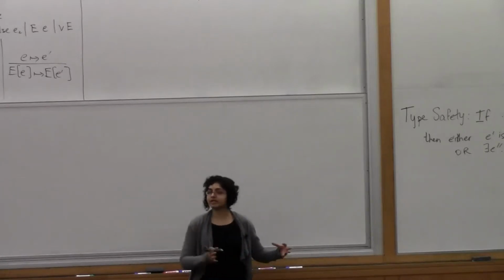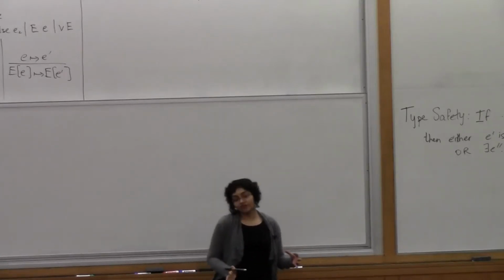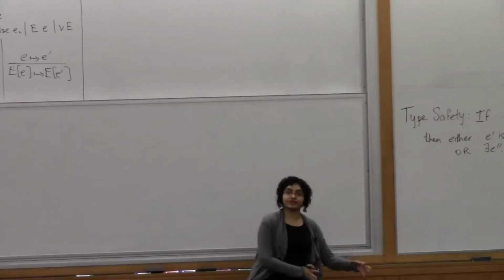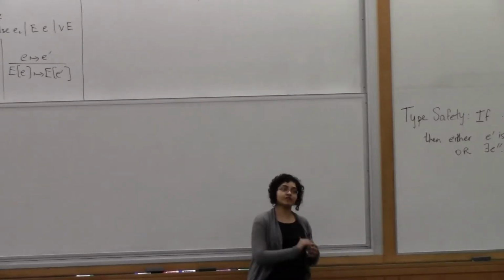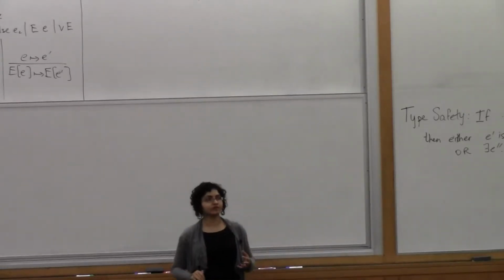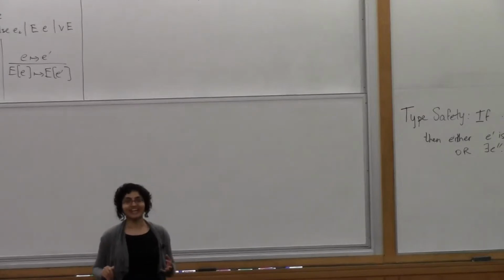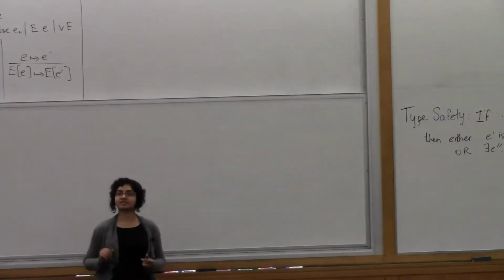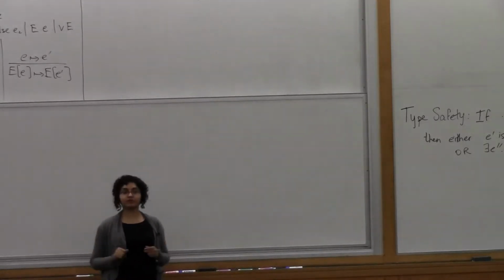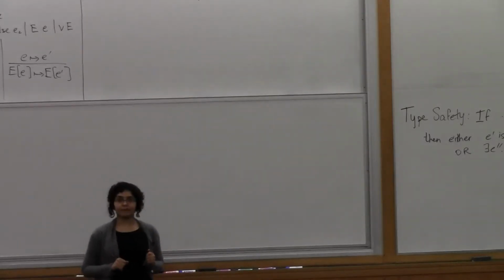And you wouldn't need to type check intermediate terms if you weren't using progress and preservation to do your proof. I just want you to keep that as a mental note in the back of your heads for the future. All right, and we'll see a very simple instance of this when we get to mutable references in a couple of days.